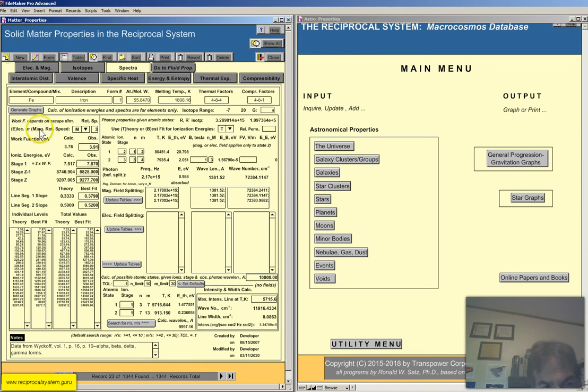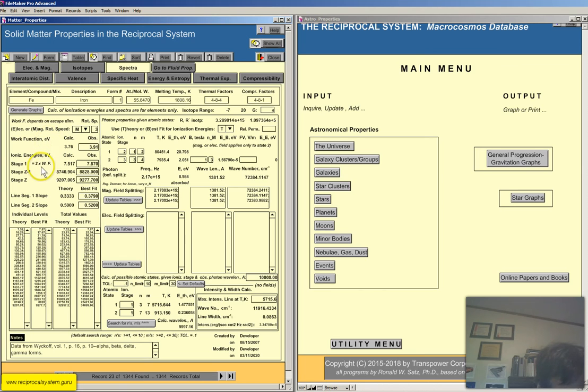It's just that the magnetic is two-dimensional and the electric is one-dimensional. So we choose M, and the specific speed is 3 for this. We calculate a work function of 3.76. The observed value is 3.91. It's close enough. Then I calculate the ionization energies in electron volts, which is like the work function.